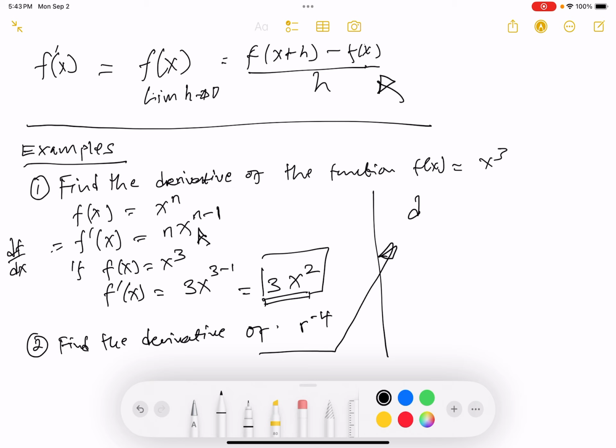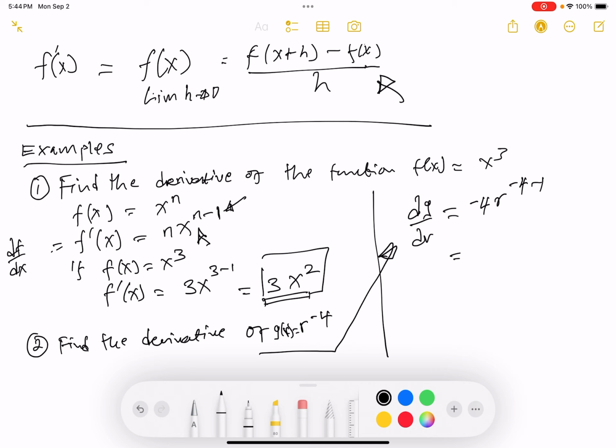I'll call this function g of r is equal to that. So dg dr, meaning the derivative of the function g with respect to r, is given by dropping the minus 4 in front, times r to the power of minus 4 minus 1, like we did right here.